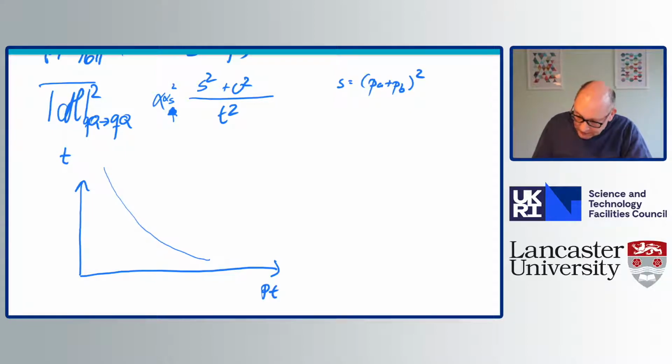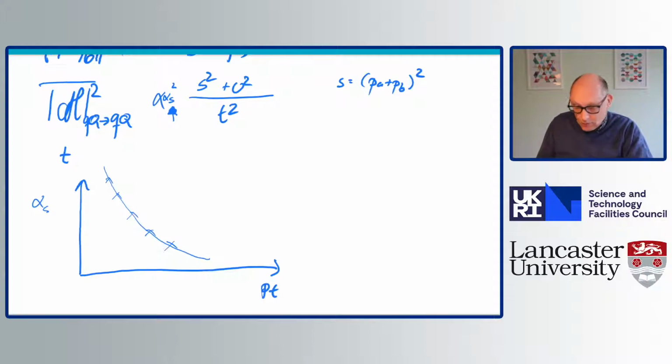And it turns out that that evolution of the alpha s as a function of pT is exactly as predicted by the QCD beta function.